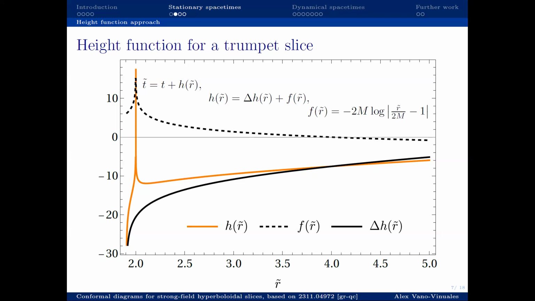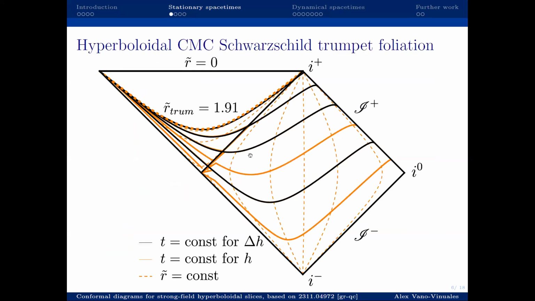So if you have your closed form expression and you take away this f part, then you can integrate for delta h, and that is going to be perfectly smooth around the horizon. Then you can just plot, and all these slices look perfect here for the way I have chosen to create the diagram.